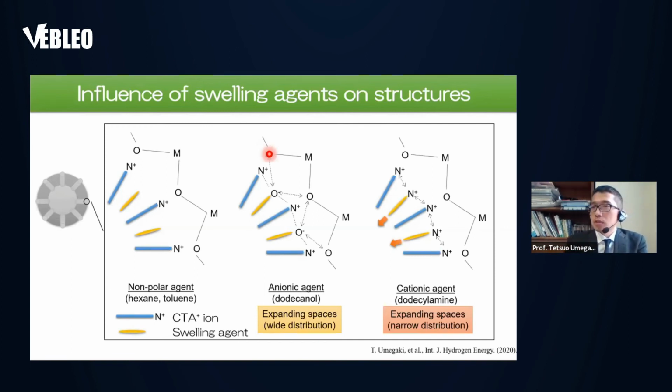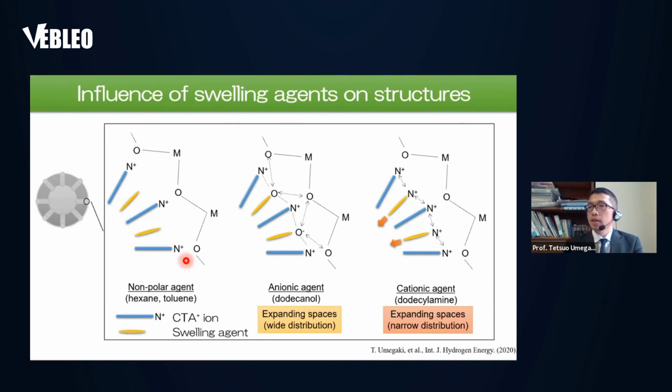Non-polar molecules like hexane and toluene weakly interacted with both the surfactant cation and the oxygen atom in the silica-alumina shell's inner surface, and then the molecules did not have a significant effect on changing the interparticle space structures.